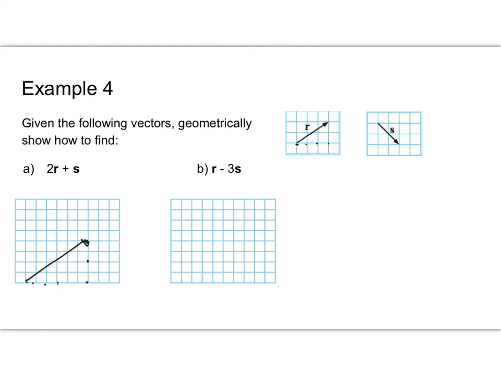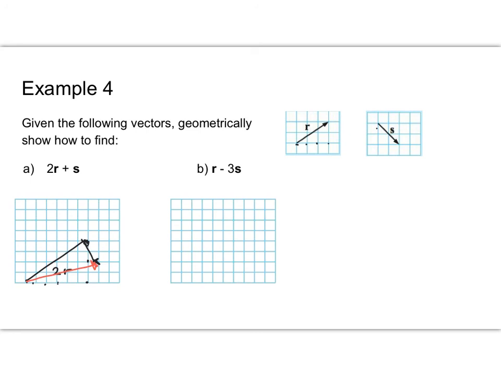So same direction, twice as long. So that's 2r. And then I'm going to add s here. s just goes down 2 and over 2. Oops, overshot that a little. Okay, so my resultant vector starts here, ends here. And that's 2r plus s.